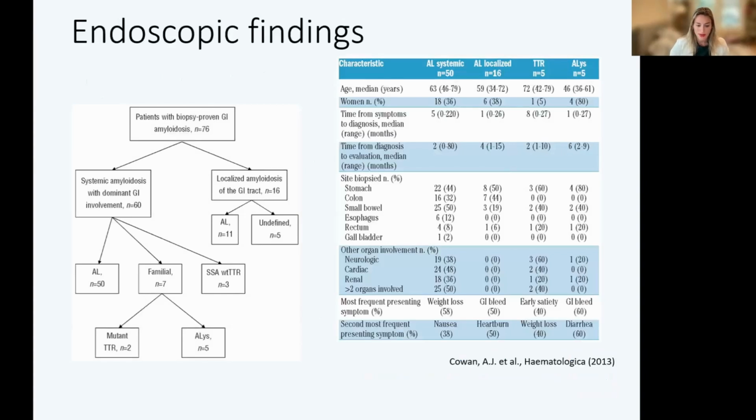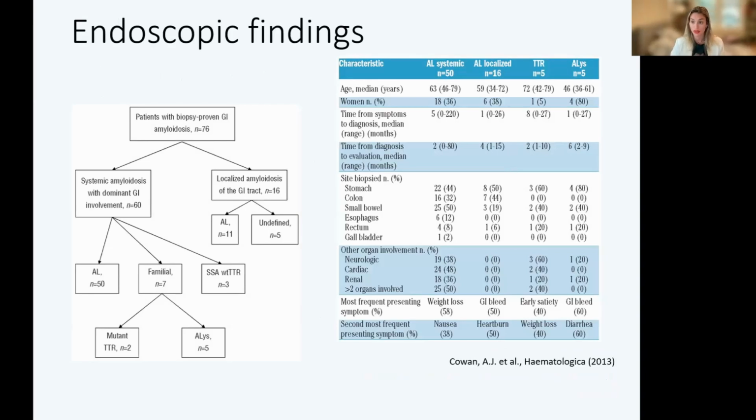Looking at these endoscopic findings, this was a retrospective review of data from a very large center, and they looked at all of their patients from 1998 to 2011. This referral center had over 2,000 patients with all types of amyloid that were evaluated. And only 76 of their patients, which was 3.2%, had biopsy-proven amyloid in the GI tract.